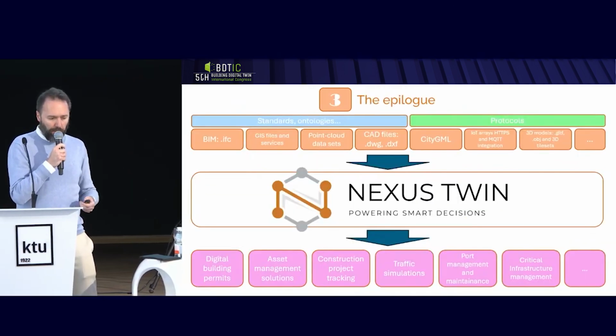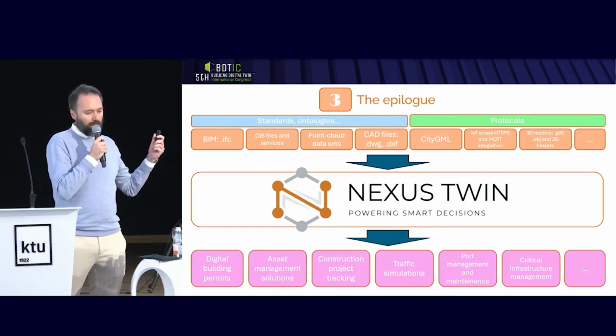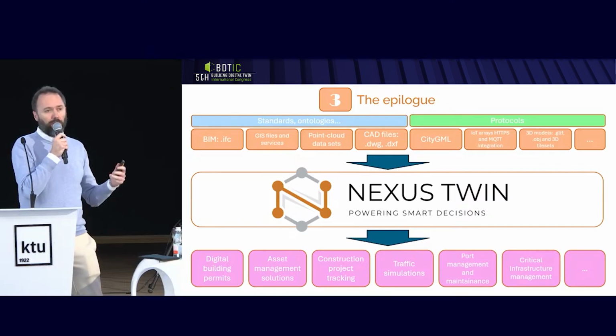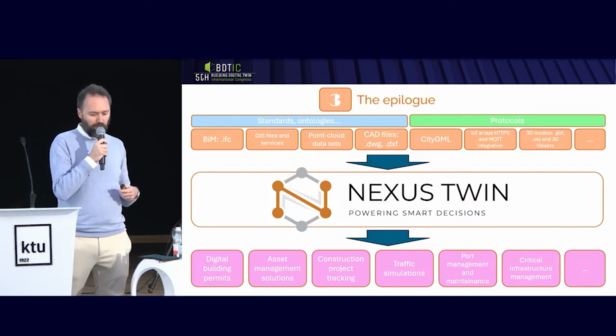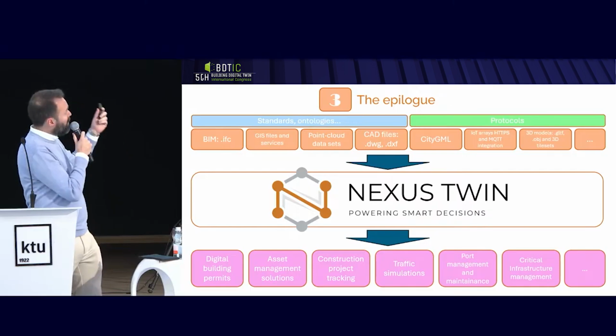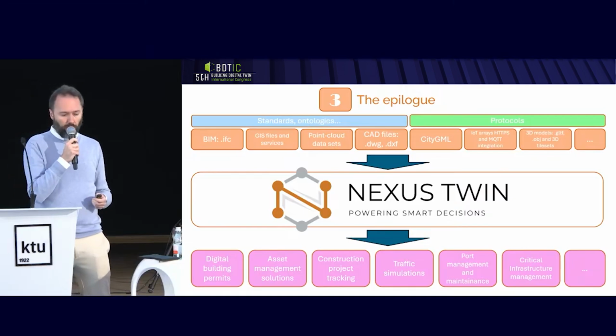So to wrap this up, the epilogue of the story is that we consider that the whole business begins with establishing mechanisms for existing ontologies, services, file formats, and so on. All of these file formats that you see here, and more, are currently supported by our digital twin platform.